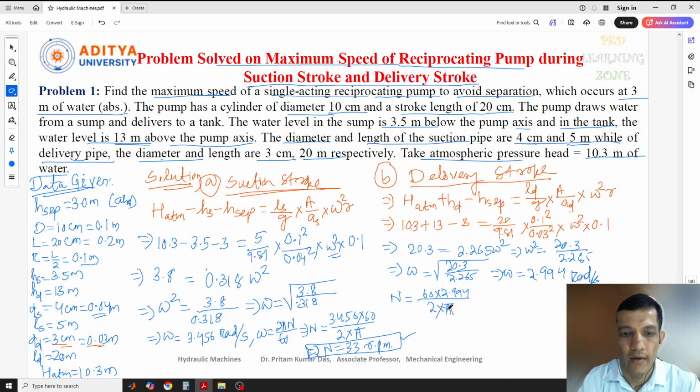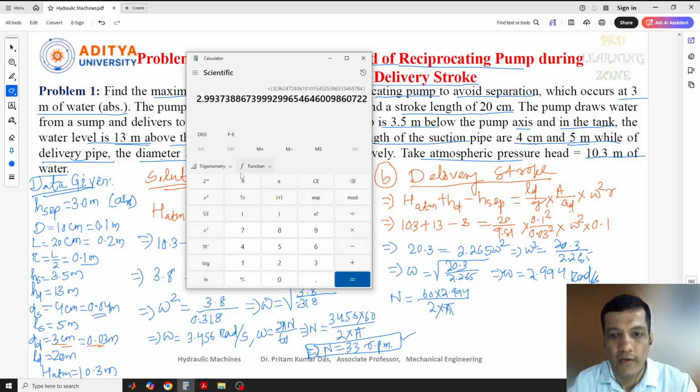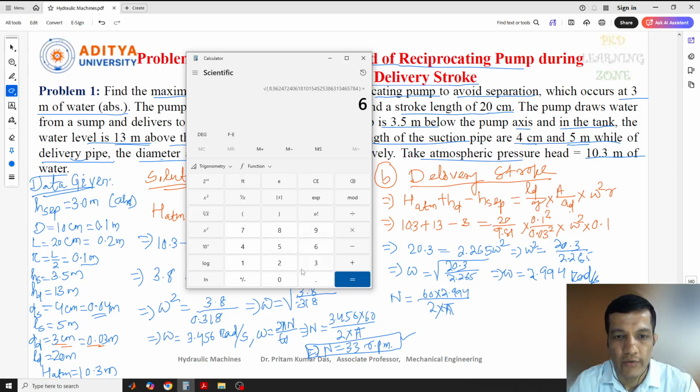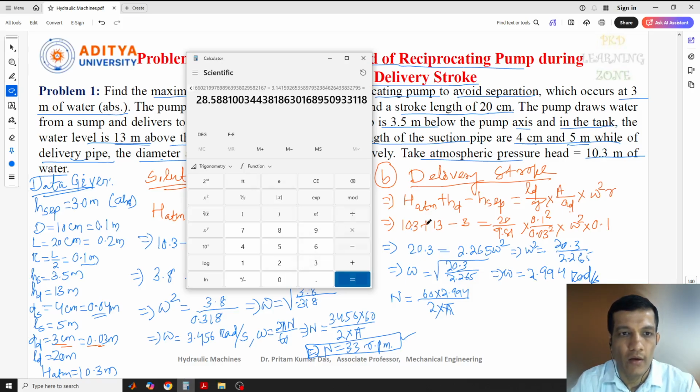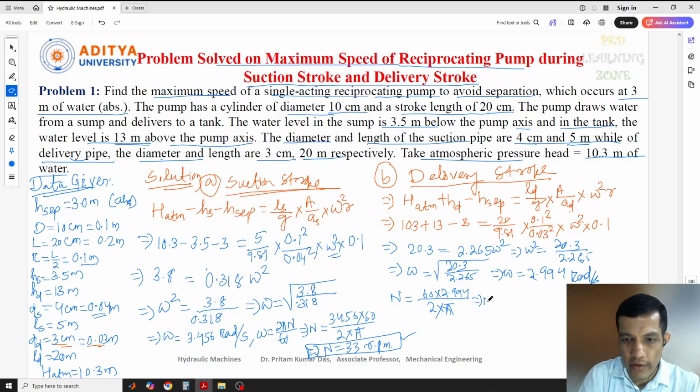Just multiply by 60 and divide by 2 pi, we get 28.58. So here we got the value N equal to 28.58 rpm. This is our second rpm.